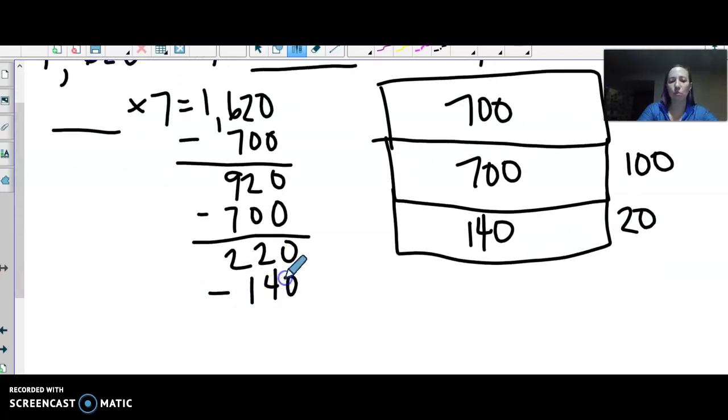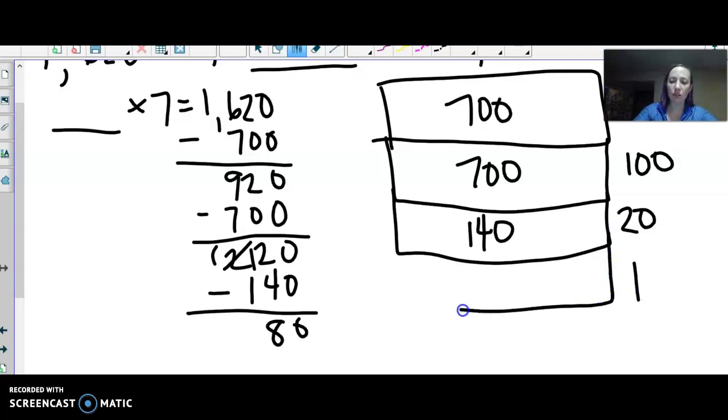So subtract 140. 12 minus 4 is 8. And then nothing. So I still have 80 left. So I'm going to do one group now. 1 times 7 is 7. Subtract 7. I have 3. Now, I can't fit another group of 7, but I still have some left, so that is my remainder.